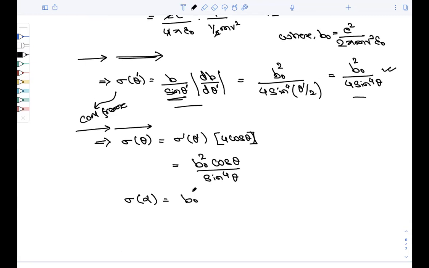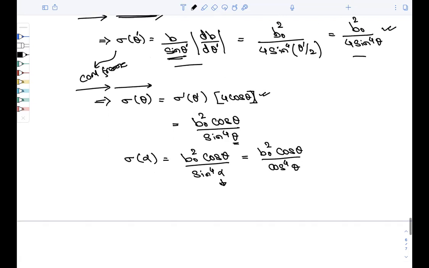It will become b naught square cos theta sin. Again, this cos theta we have from the transition lab to center of mass, so it will remain same, but this theta will change because in recoil we are talking about the alpha. So sin 4 alpha, right? And what is alpha? Alpha is 90 minus theta, so sin becomes cos, so it is b naught square cos theta cos 4 theta, right?